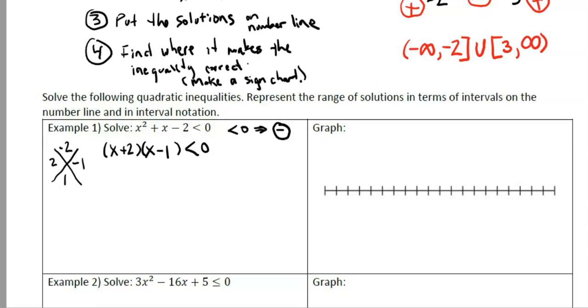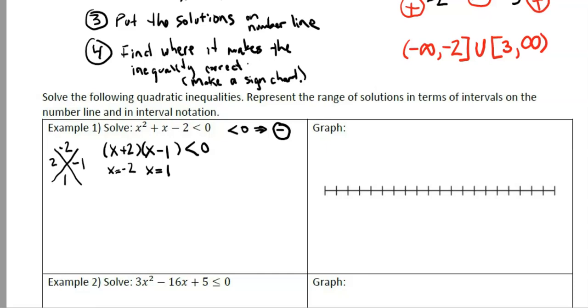And so x plus 2, if here we've got x is equal to -2, because -2 plus 2 would be 0, or x equals 1, because if I put in 1 minus 1, that would be 0 as well. So we've found our numbers. The next step is to go over here and graph them on a number line.